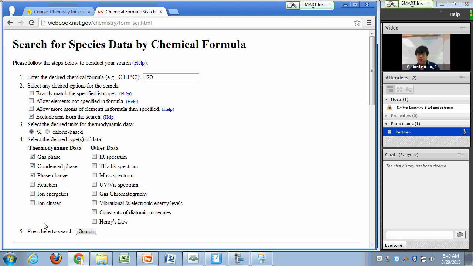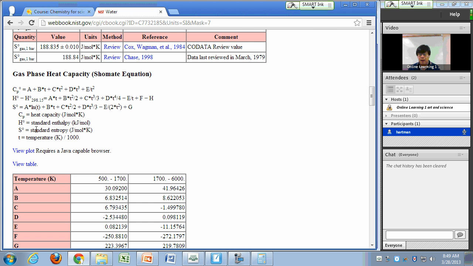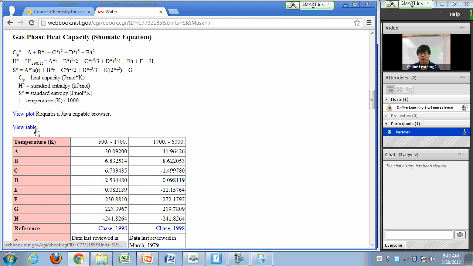Click on the types of information that might be available. So you want gas phase, condensed phase, and phase change data. You have different isotopic compositions of water, one that has deuterium in it, so just get the regular water here.